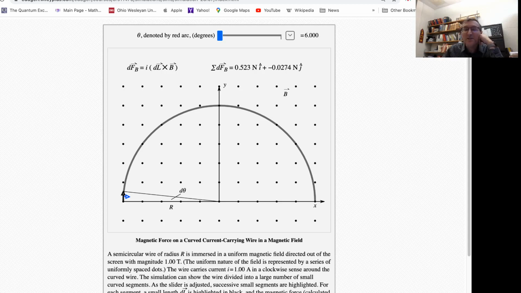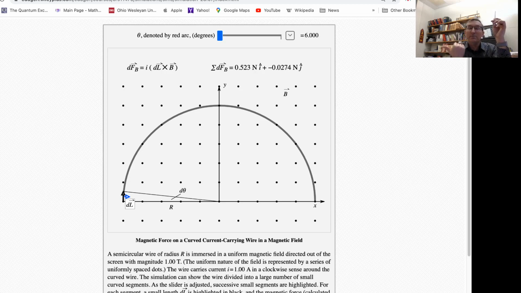Well, because it's not a straight wire, I technically have to break it up into little infinitesimal lengths, dl, and then do I dl cross B to get the force dFB on each piece. And that's what the very first piece in the lower left corner does. See the little dl? It's tangent to the wire in the direction of the current. The magnetic field is coming out at us.